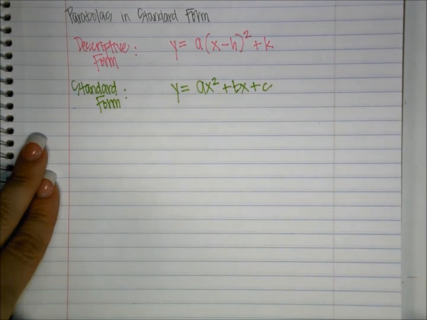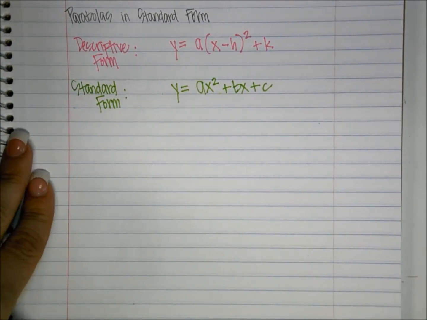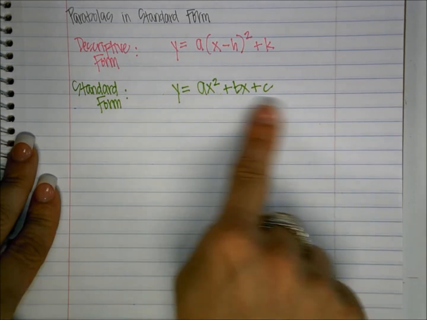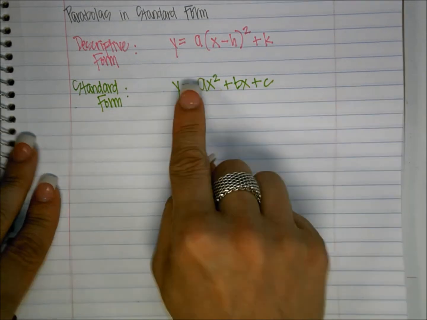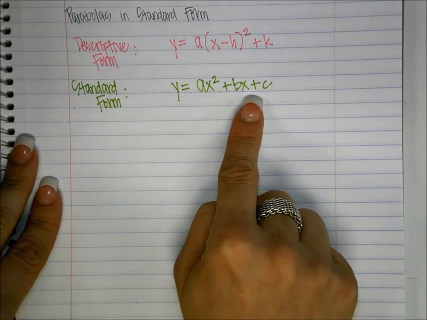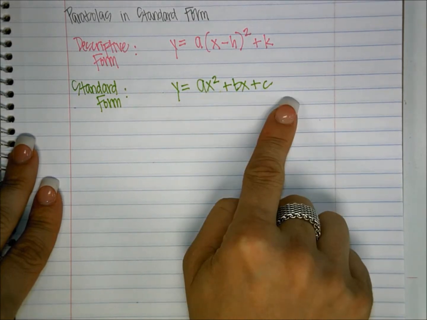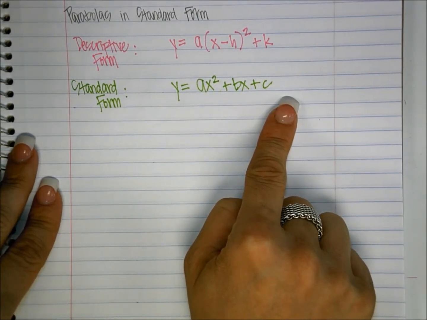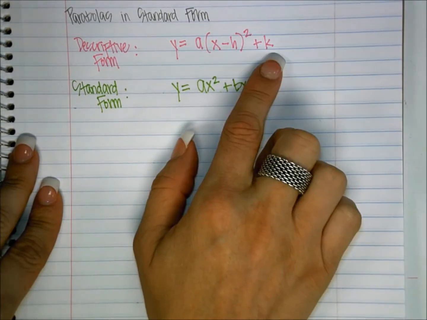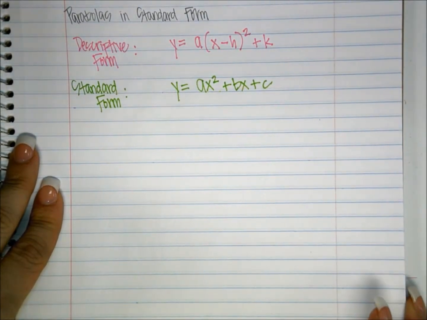That's part of the quadratic formula, is underneath the root. Okay, so we are going to work with standard form parabolas today. Okay, all these letters, the only ones that you will see are y and x. Okay, a, b, and c, they just represent different numbers. In this equation, a, h, and k all represent numbers. Right?